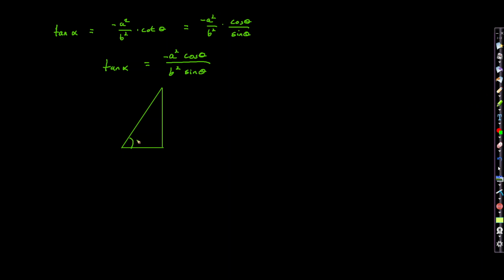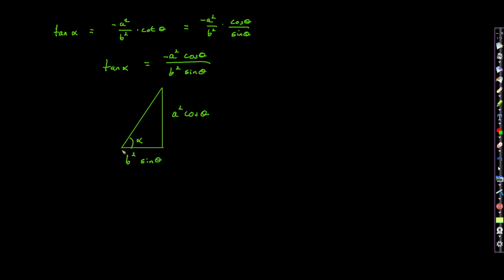So if this is our angle alpha, then this would be the opposite side. Now this is a length here. Now this simply indicates a direction. Okay, so this length here would be a squared cosine theta, and this would be the change in y over the change in x here, so this will be this distance here.